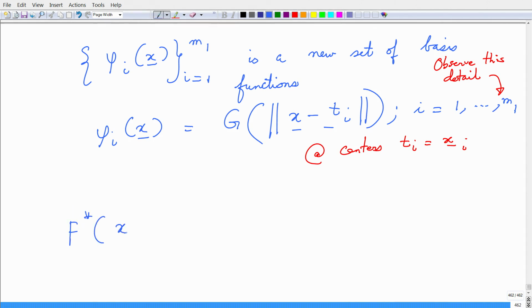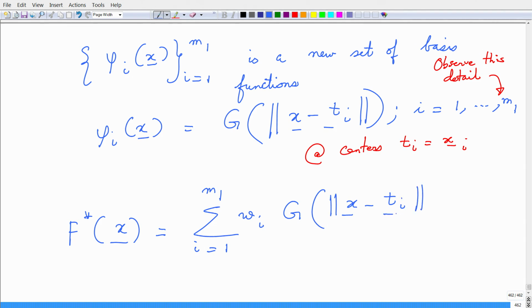Now my f star of x is summation i equals 1 to M1, w_i G(norm x minus t_i), where the t_i's have to be determined.